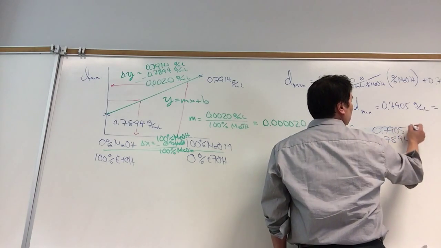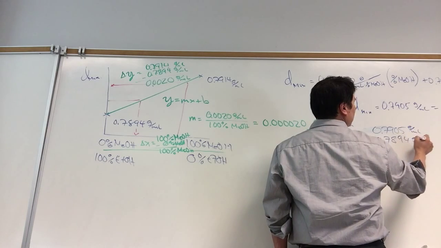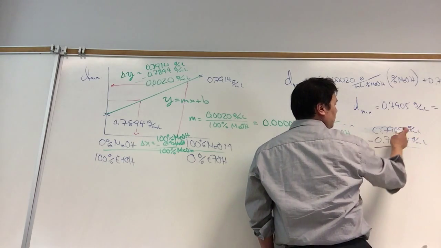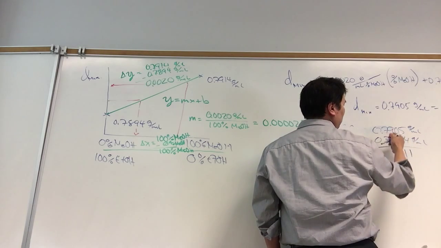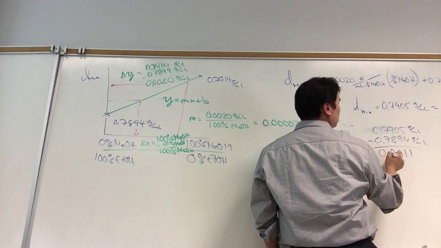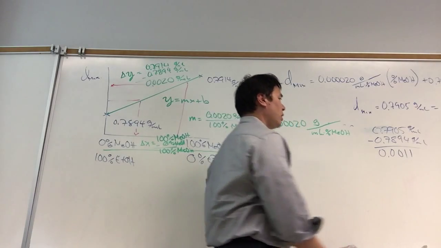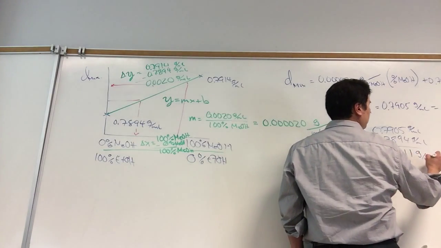0.7894. This is grams per milliliter, this is grams per milliliter, and we end up with 5 minus 4 is 1, 0, 0, so 0.0011 grams per milliliter.